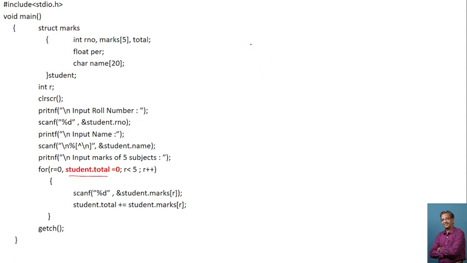Generally when we declare a variable, we can declare it like integer sum and give an initial value also. But in a structure we cannot give an initial value to the variable. Giving an initial value to an element present within a structure is not possible, so we have to write student dot total equal to 0.